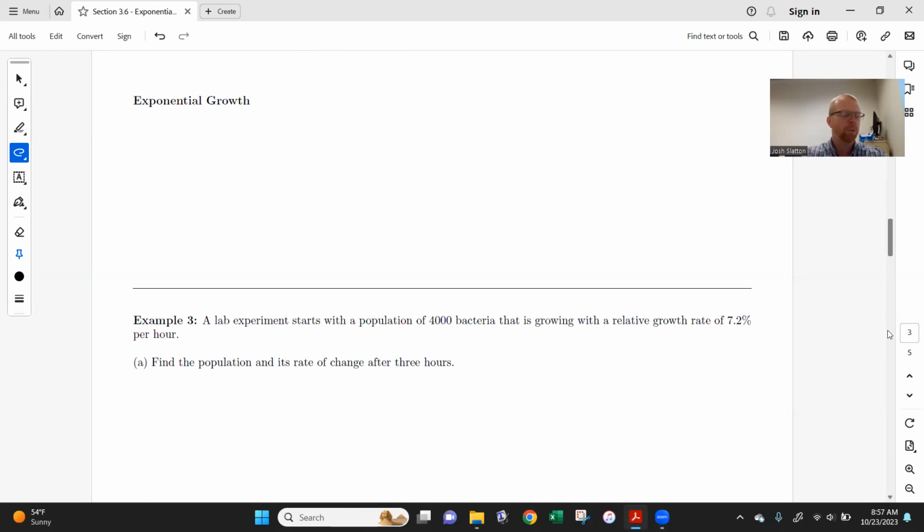So now we have exponential growth, which is essentially the same as compounding continuously with the money. So the formula is A of t, and we just use different letters, but they're representing the same thing. So we're going to use a K: A of t equals e to the KT. And here K is going to be greater than 0.